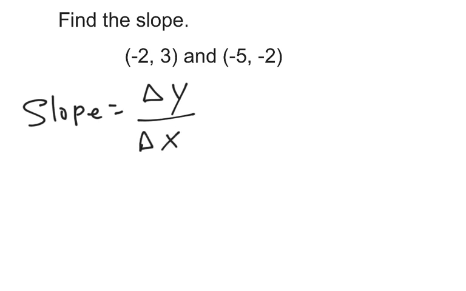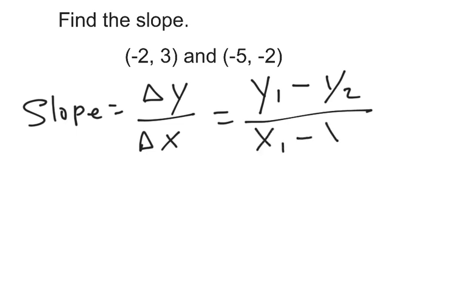Well, the change can also mean the difference. The difference in y over the difference in x. And of course, difference, whenever we hear that vocabulary word, means subtraction. So we can have the first y minus the second y over the first x minus the second x.